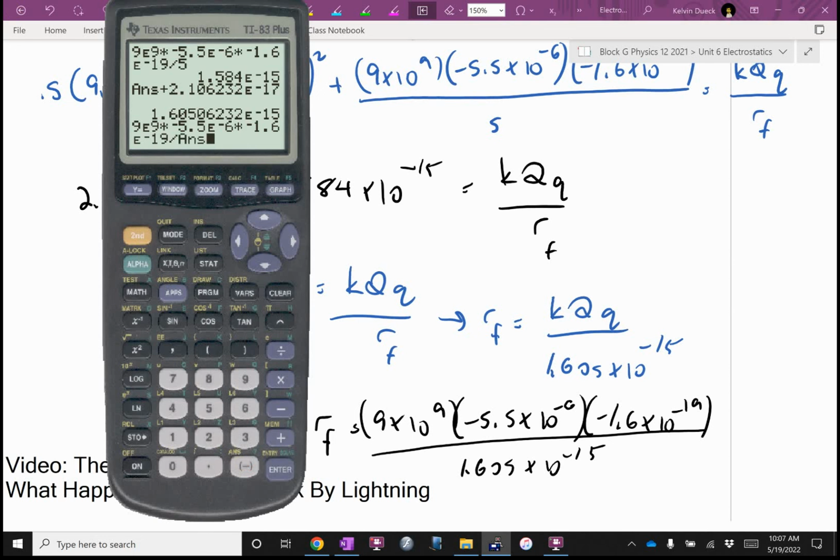Look for typos. I think that looks good. Do you get 4.93 meters? Whew.